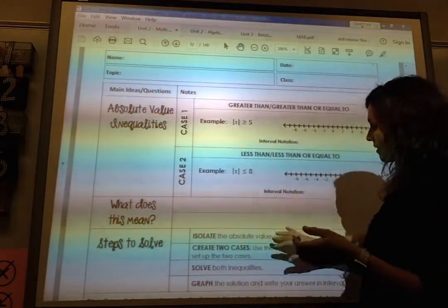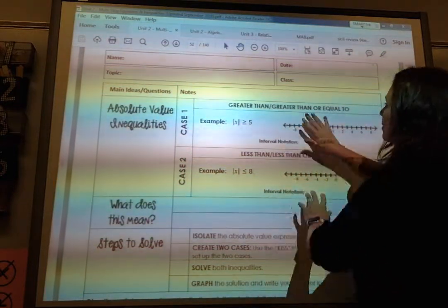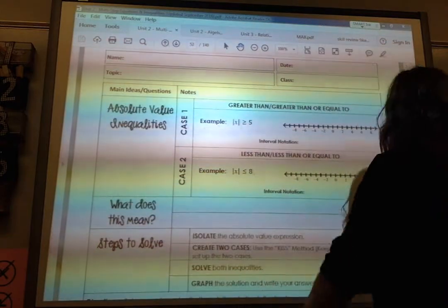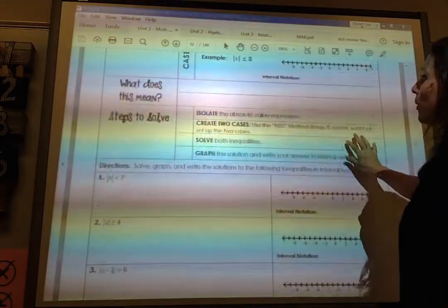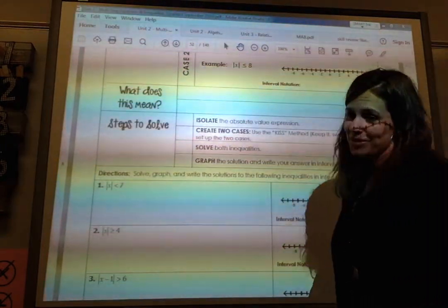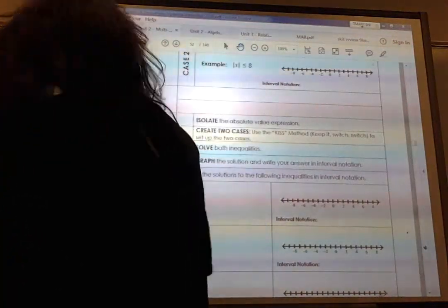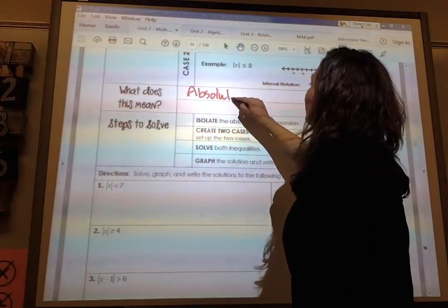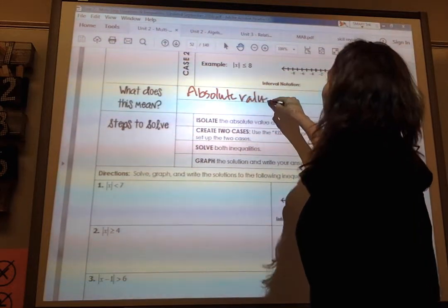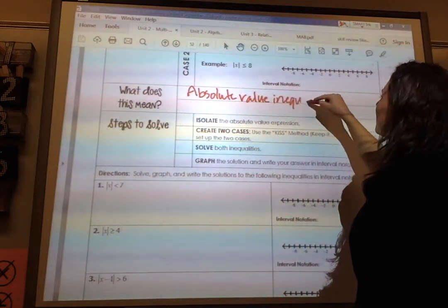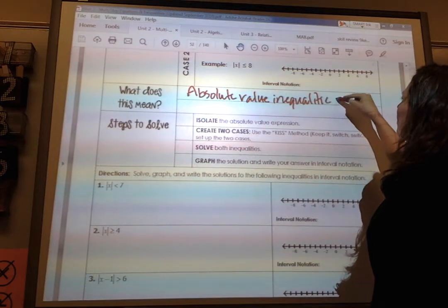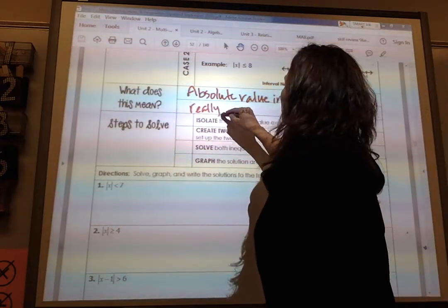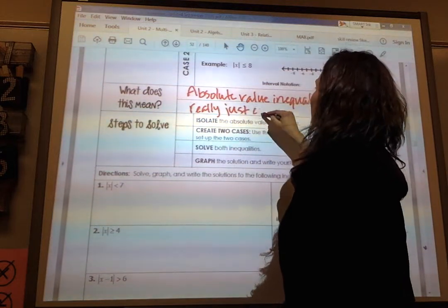What is this? All this means is that absolute value inequalities are really just compound inequalities.